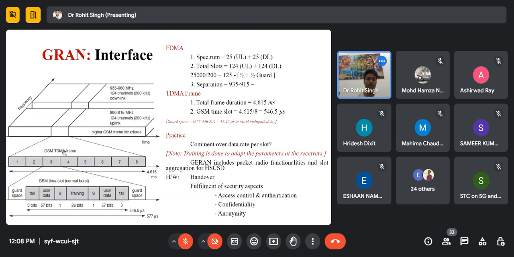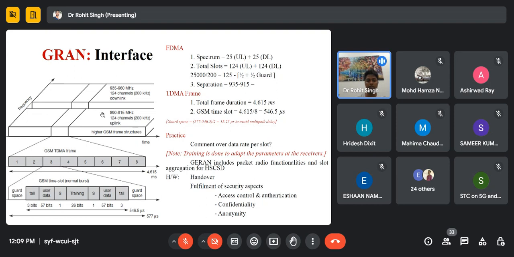Whenever we divide the whole frequency band into a number of chunks, how many total channels can we create? If we take 915 minus 890, that gives you roughly a 25 megahertz band, and each transceiver channel takes 200 kilohertz.